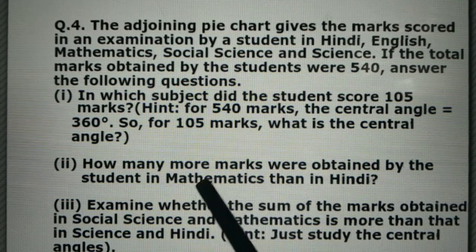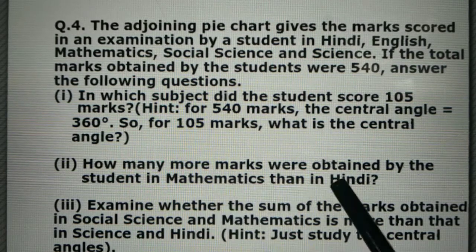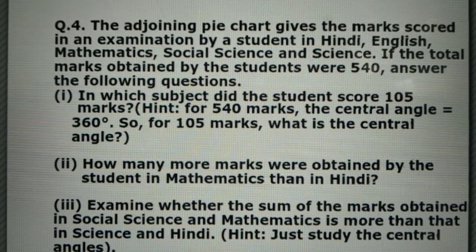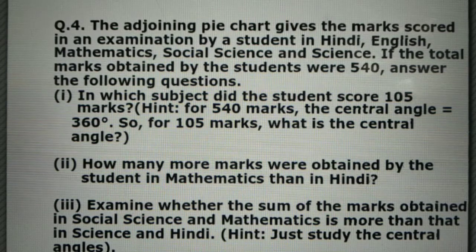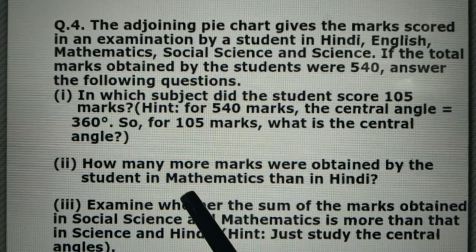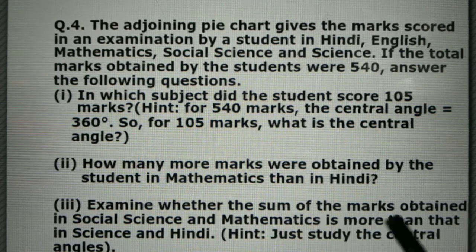How many more marks were obtained by the student in mathematics than in Hindi? So basically we have to compare the marks of mathematics and the marks of Hindi. Next question: examine whether the sum of marks obtained in social science and mathematics is more than that in science and Hindi.